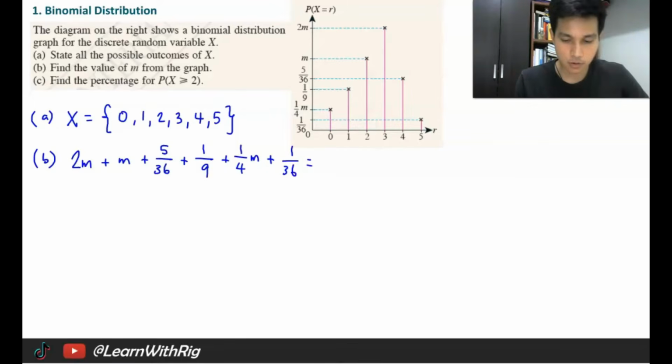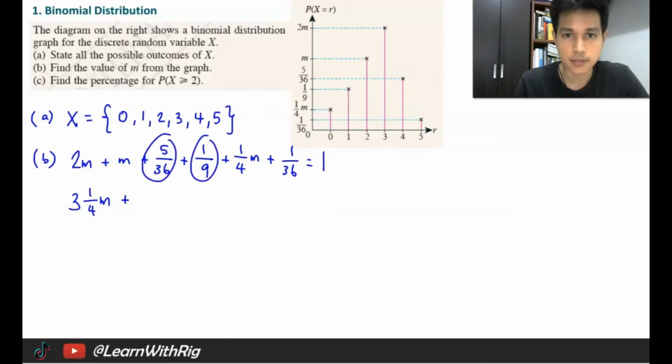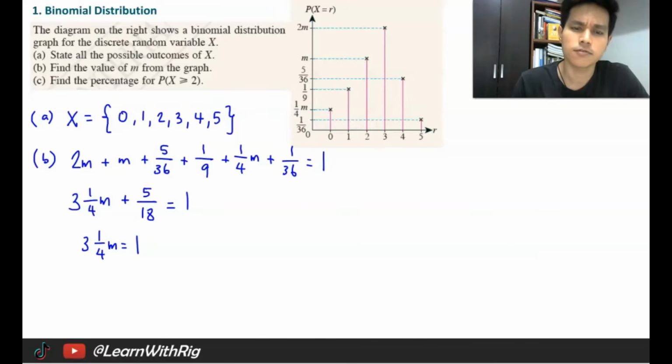You add all of them together, and you should be able to get 1 because the total probability is 1. 2 plus 1 is 3, so you get 3 1 over 4 m plus, all this you add together, you should get 5 over 18 equals 1. So 3 1 over 4 m equals 1 minus 5 over 8.